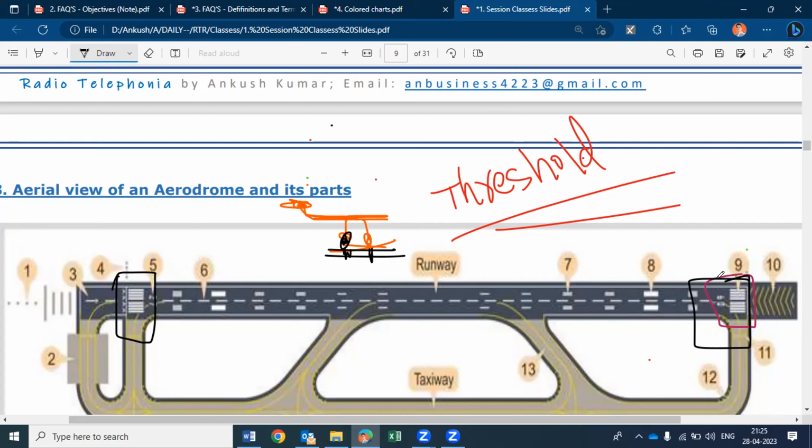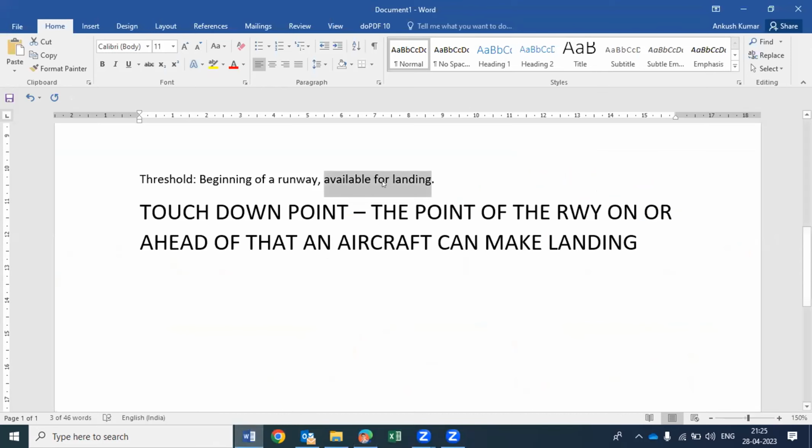Okay. So in question number 5, if the question is such, define runway threshold, you need to write: beginning of runway available for landing, or you can say the touchdown point of runway available for landing. So that you can define threshold in a very clear way.